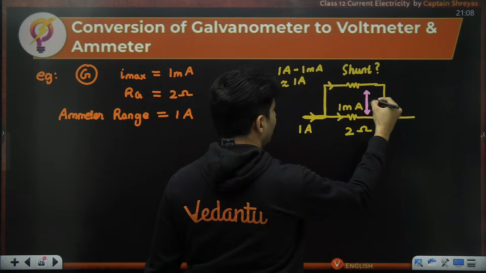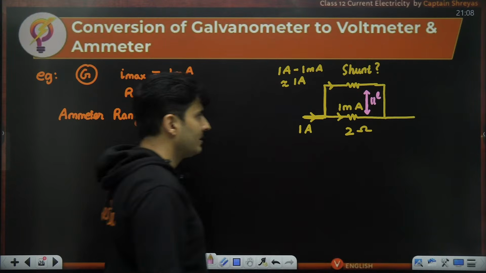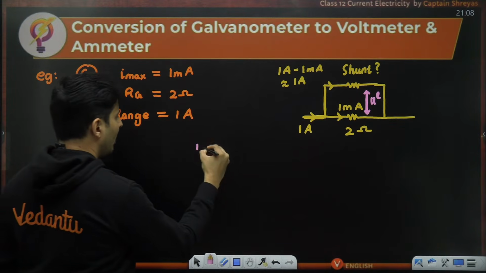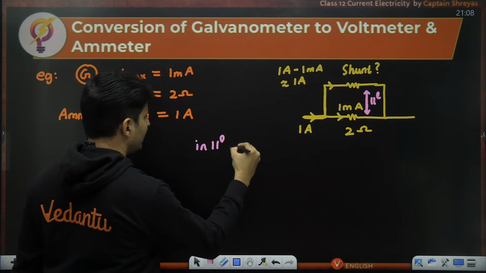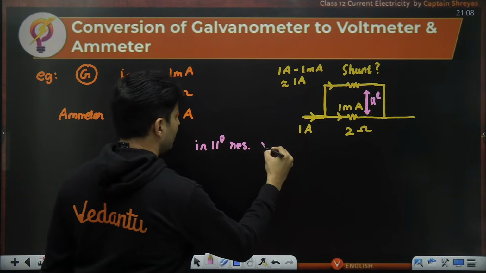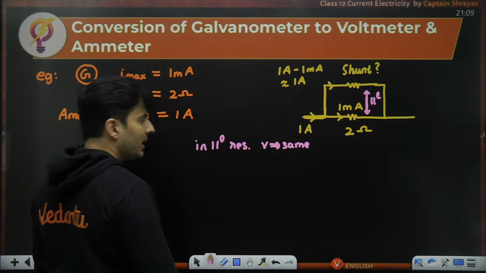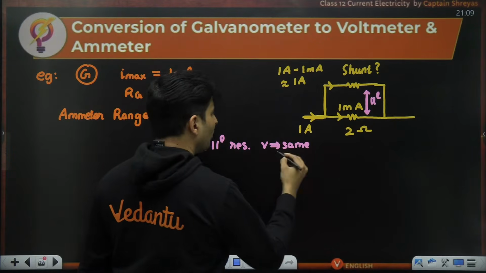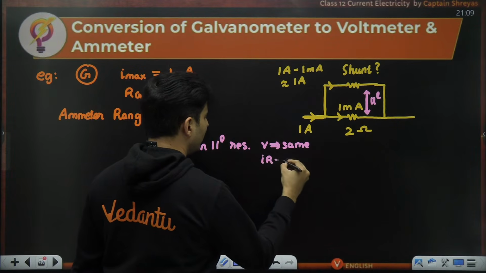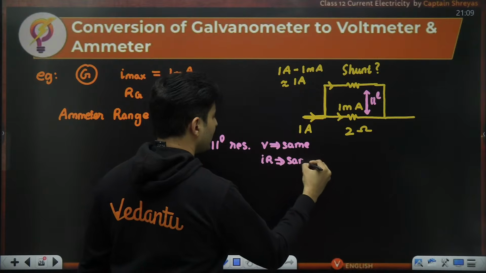They both are basically parallel resistances. So what happens in parallel resistances? The voltage is going to be the same. That means current into resistance is going to be the same.